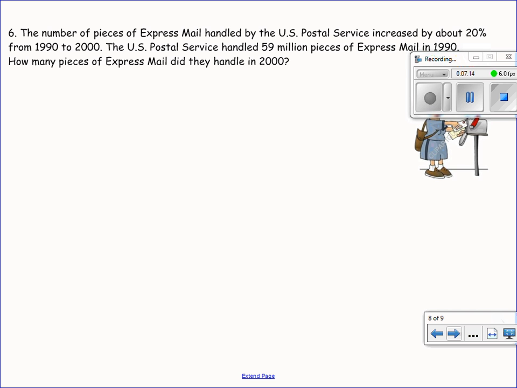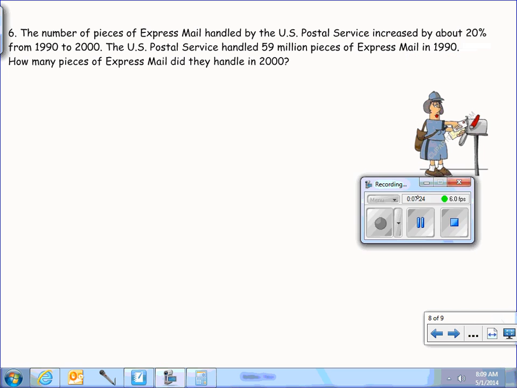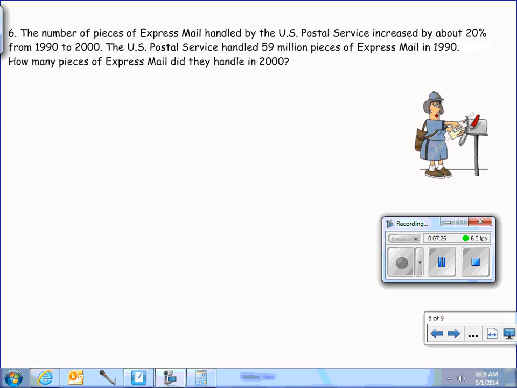Number 6, the number of pieces of express mail handled by the U.S. Postal Service increased by about 20% from 1990 to 2000. The U.S. Postal Service handled 59 million pieces of express mail in 1990.